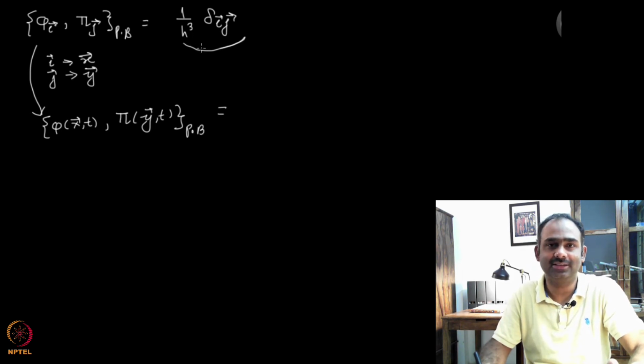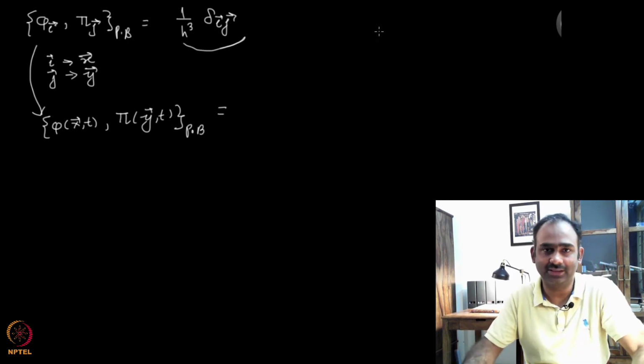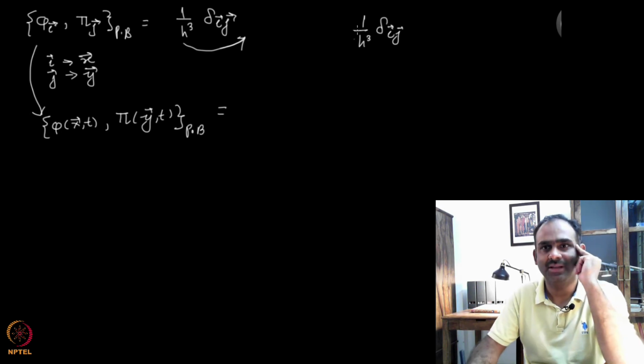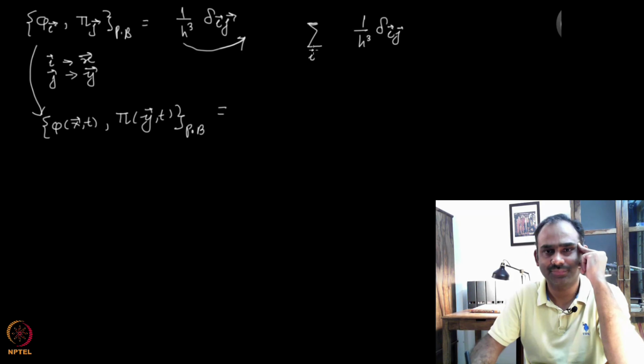Okay. So let's see what it becomes in the limit h going to 0. That's the limit of going to continuum. So that is easy. Let's take 1 over h cube δ_ij, and sum over all i or j, doesn't matter, h cube times this.